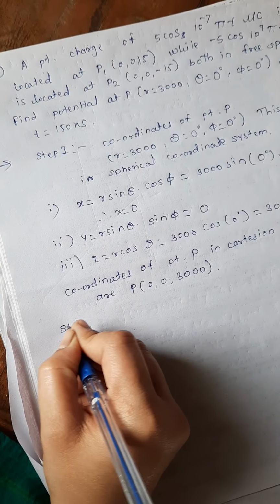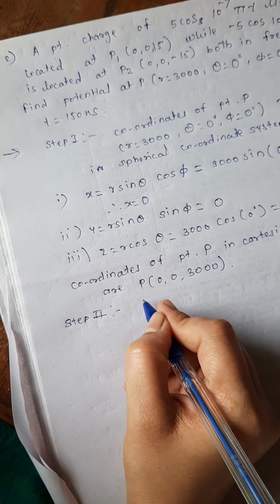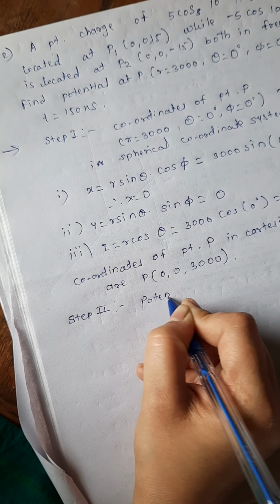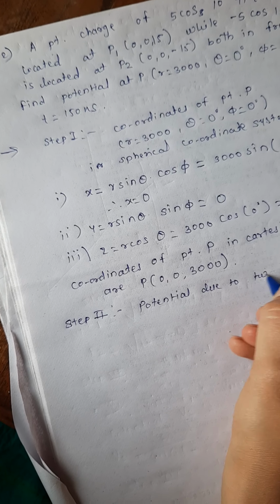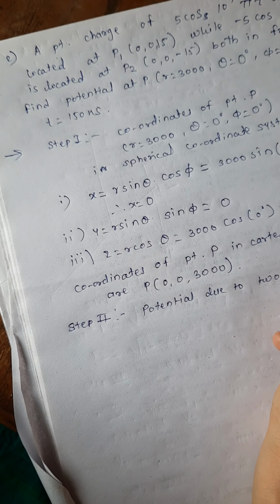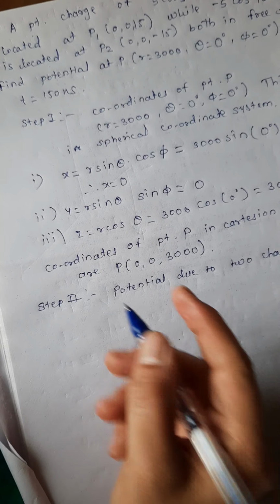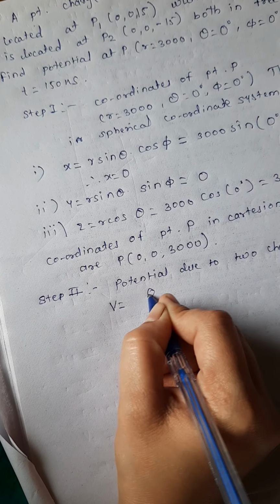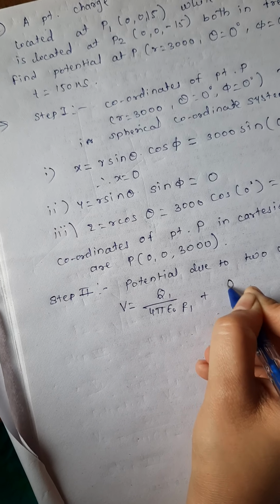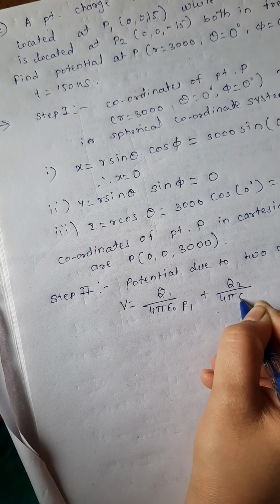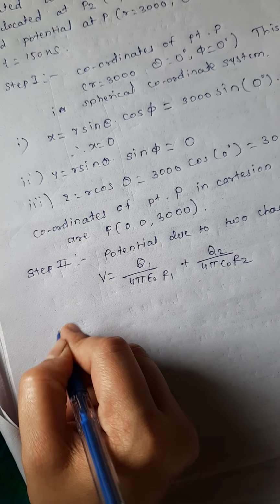Step 2. Potential due to two charges Q1 and Q2 is V equal to Q1 by 4 pi epsilon 0 R1 plus Q2 by 4 pi epsilon 0 R2. It's equation number 1. Now what is R1?